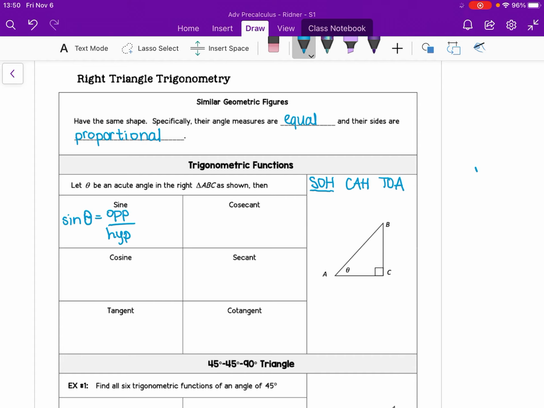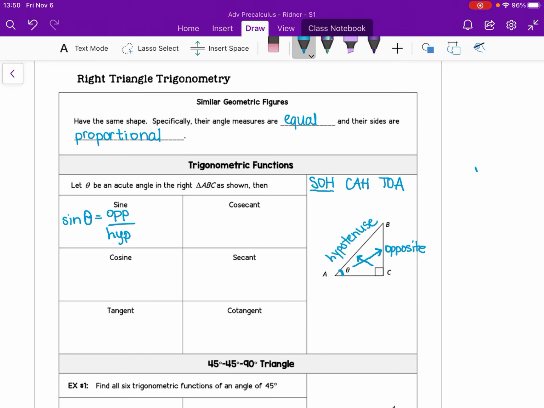That's not helpful if we don't know what the opposite is. So if this is my angle here, in this case it's angle A, the opposite is on the opposite side of the triangle. The hypotenuse is always the longest side and it's always across from the right angle.